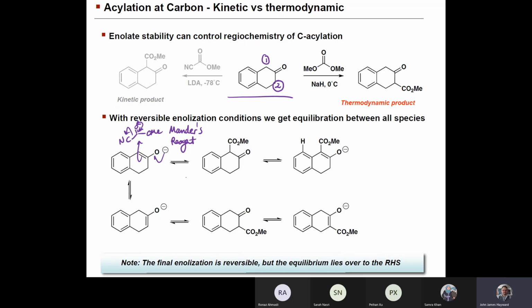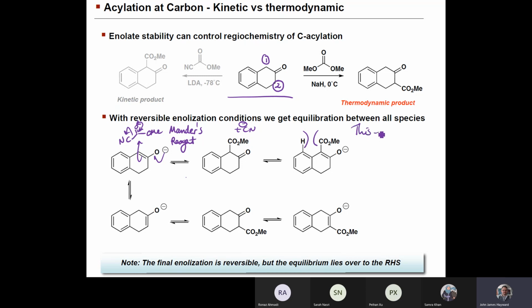The problem is not that we're making cyanide. The problem is that when we do the second deprotonation, we end up with a very flat system. The H and the carboxylate are now in the same plane and they clash, and they have to be in the same plane in order for there to actually be delocalization.